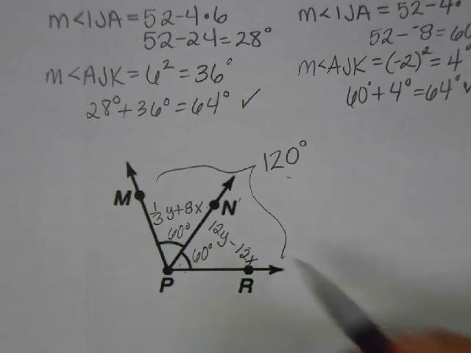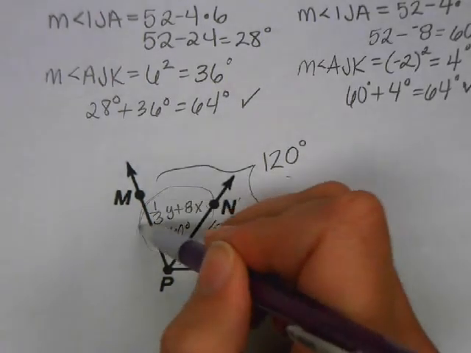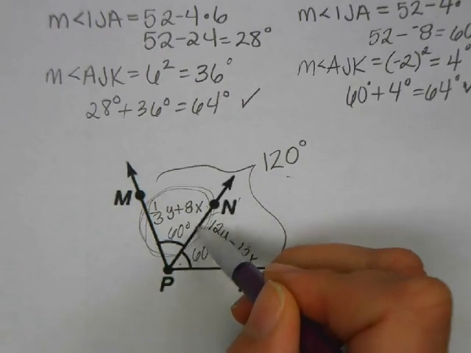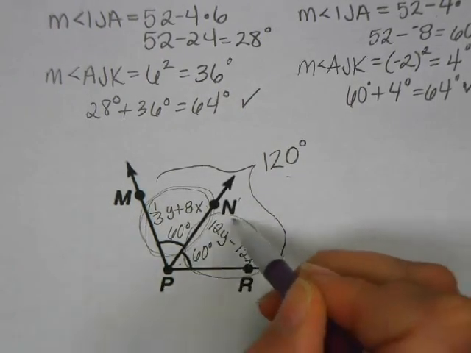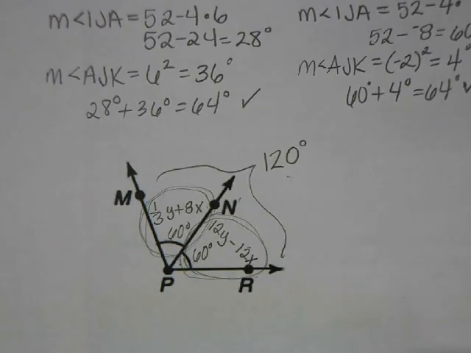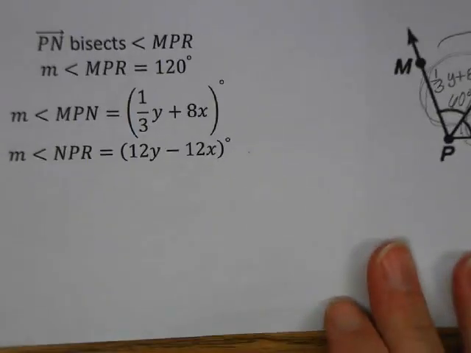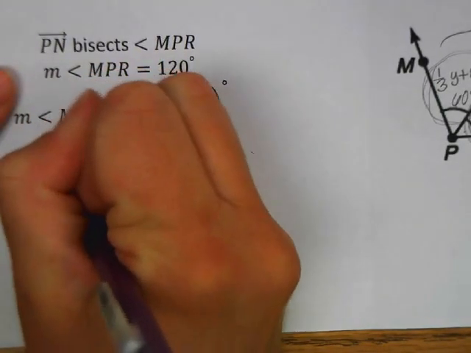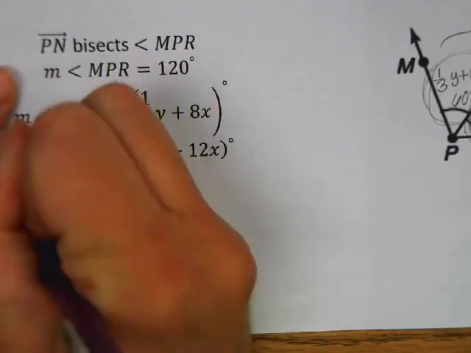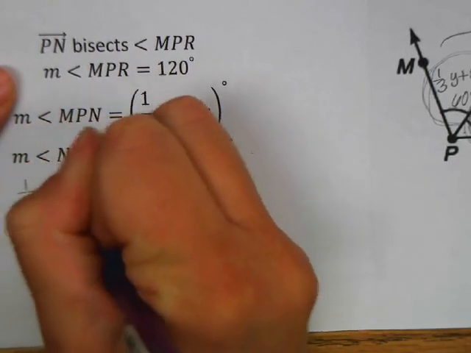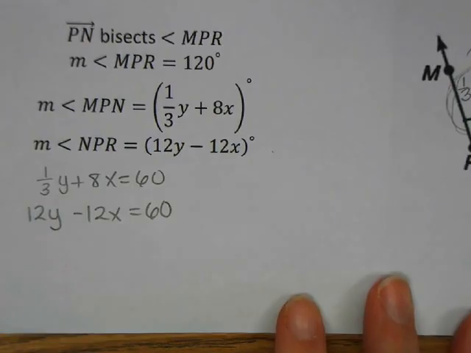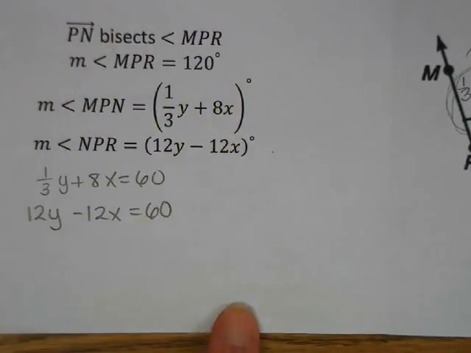So now I know that 1/3 y plus 8x has to equal 60, and 12y minus 12x has to also equal 60. So I'm going to write those two things down. 1/3 y plus 8x equals 60, and 12y minus 12x has to equal 60. Those are the two things I know from all of this given information.